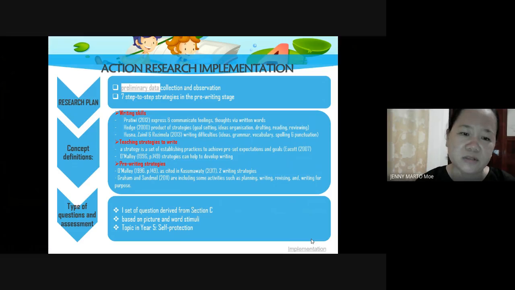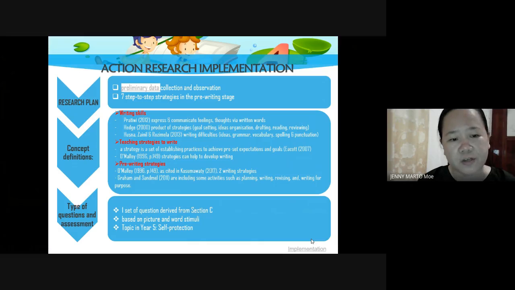For pre-writing strategies, according to O'Malley 1996, page 149, as cited in Kusumawati 2017, there are 2 writing strategies, which are pre-writing strategies and the writing itself as the final product. Graham and Sandmel 2011 state there are some activities in the pre-writing strategies such as planning, writing, revising, and writing for purpose.